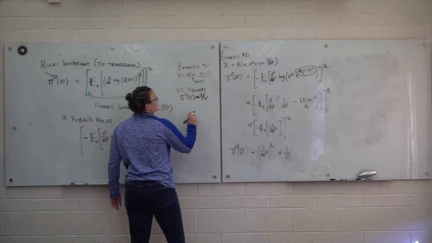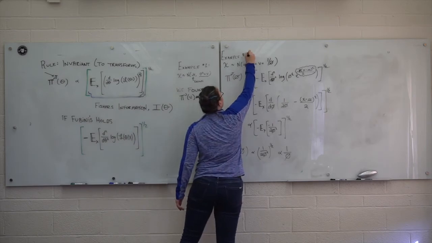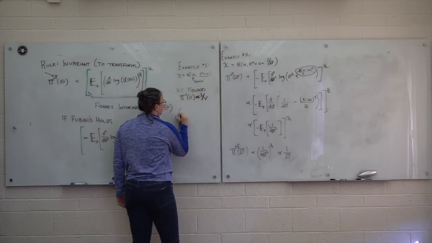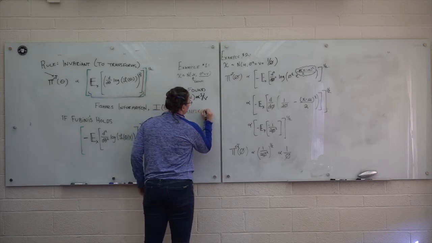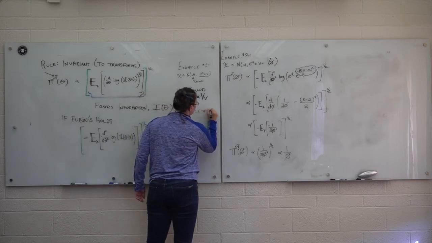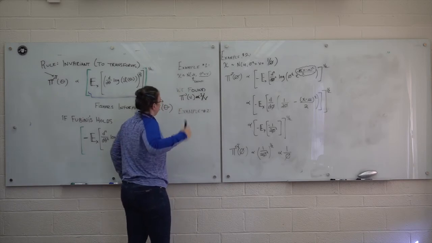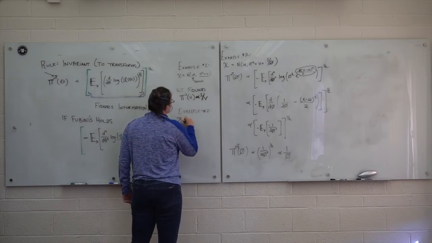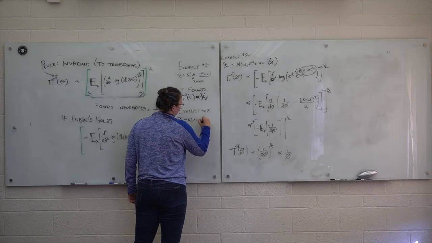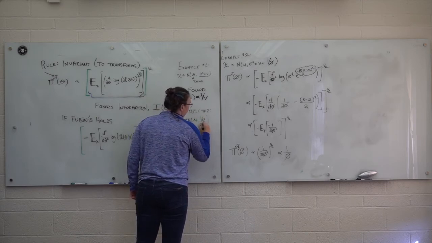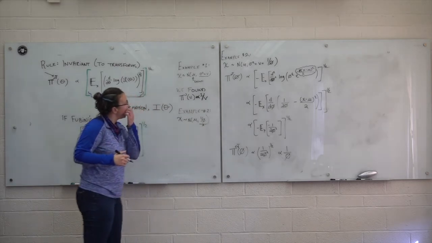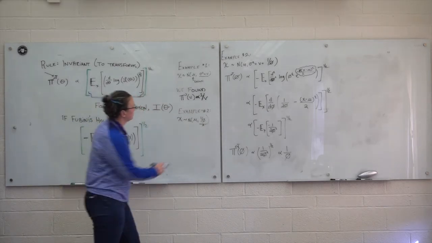So, this is example 2. Apologize for that. Example 2, we're just going to look at these real quick. We were curious about x's that followed a normal, and we were interested in the precision.